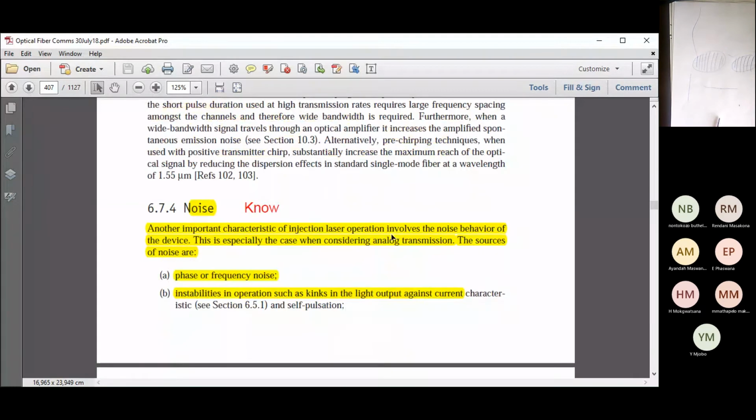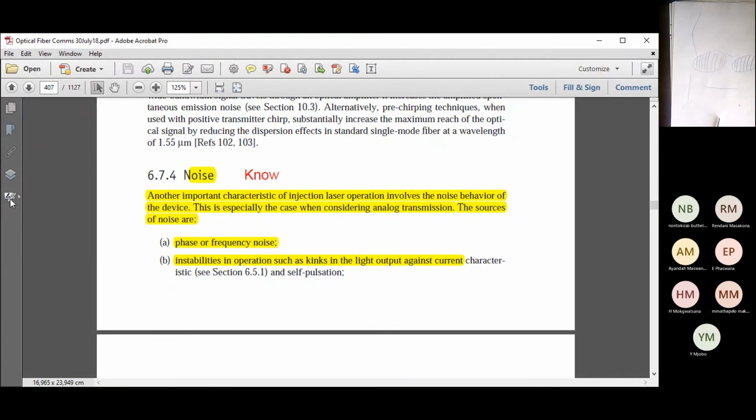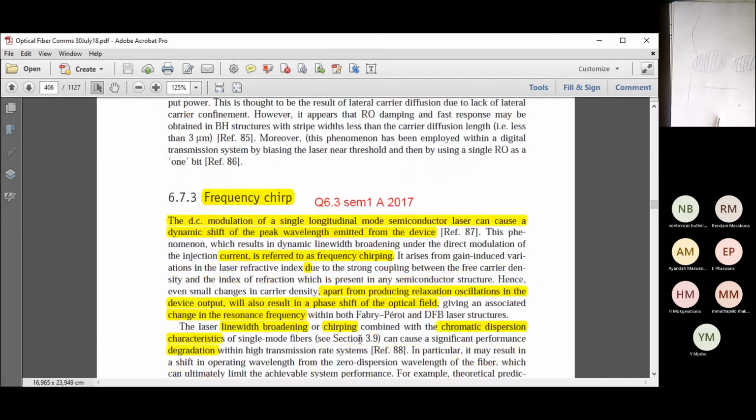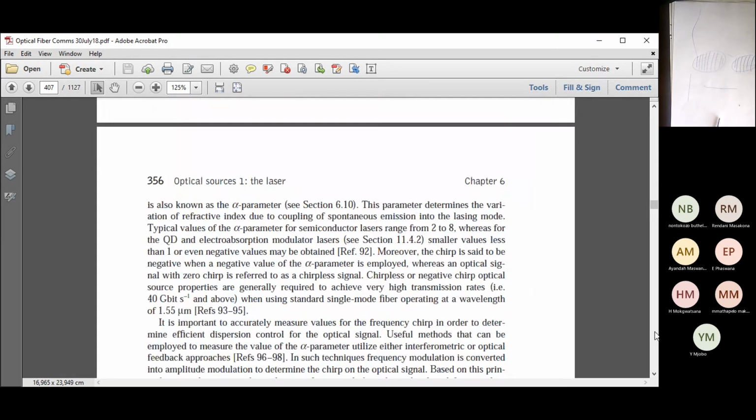Alright, then there's noise that you must know. People, for lasers, there are noises as well. There are two types of noises. There's phase or frequency noise, and also this chirping that I'm talking about is also regarded as noise.